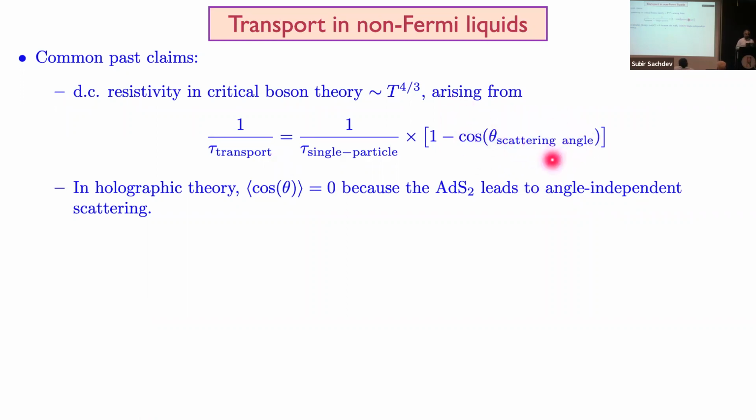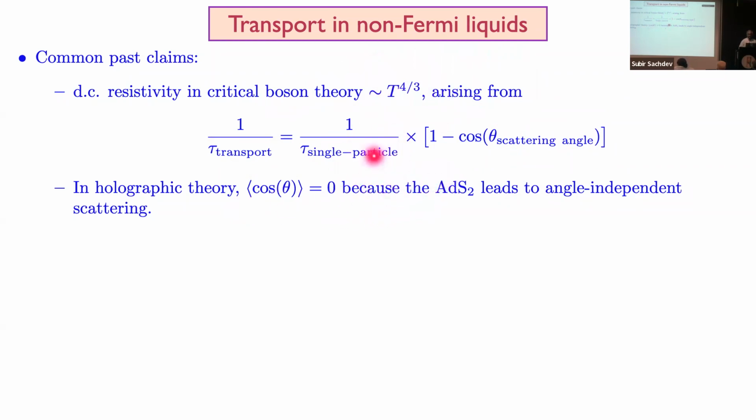So this angle is small because you're scattering off long wavelength gauge fluctuations. So when you account for that, you go from T to the 2/3 to T to the 4/3. So that's the prediction of this theory generically, that there's a transport time that goes as T to the 4/3. And that's not quite linear, but okay, well, maybe that's getting closer to linear anyway.